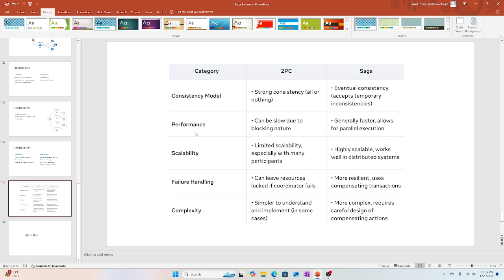Performance is slow in 2PC due to its blocking nature. It will block all the databases, and this is the main drawback there.